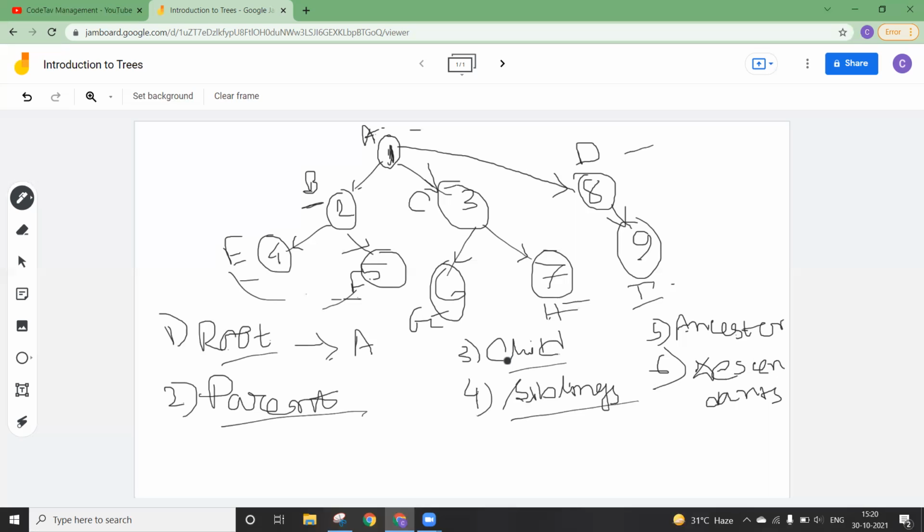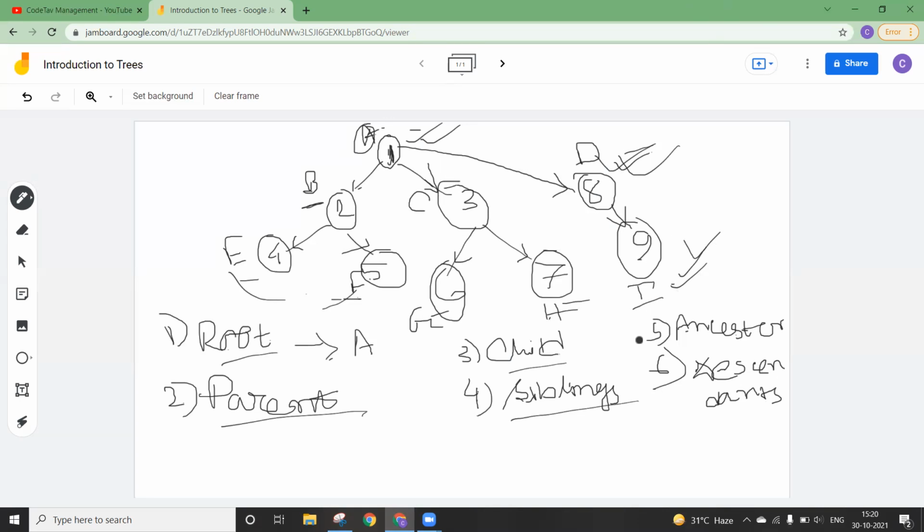Descendants are also the children, and the children of the children, of that node. Like in this figure, D and I are the descendants of A. A and D are the ancestors of I, and D and I are descendants of A. Clear?